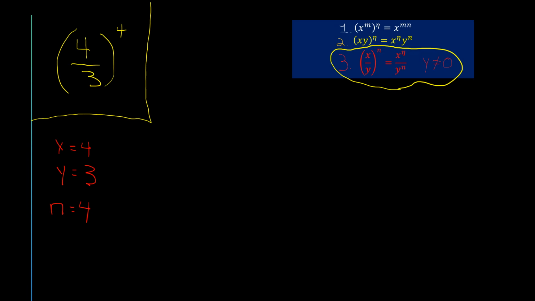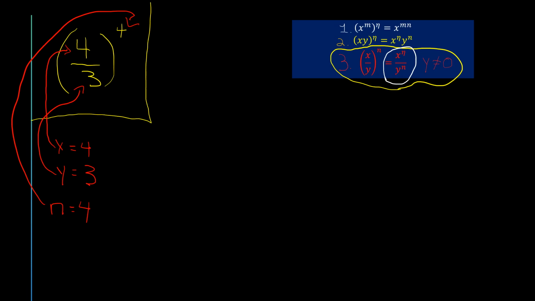Okay? So x right here, y right there, n right here. I know it looks a little cluttery, so I was just going to rewrite it as it should look right here.